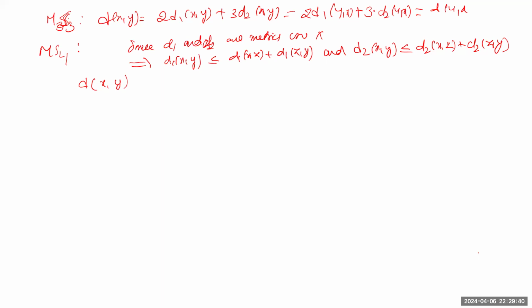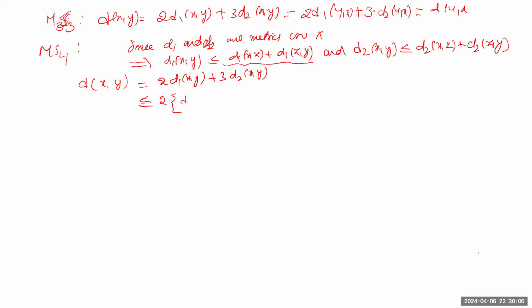So what is that one? d of x comma y is equal to 2 d1 of x comma y plus 3 d2 of x comma y.